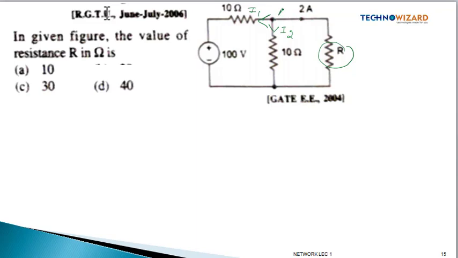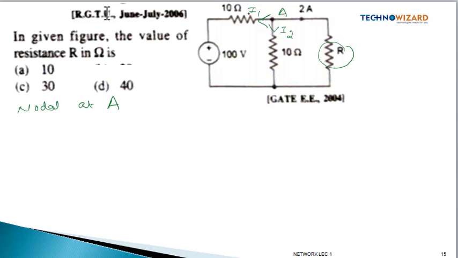So we'll apply nodal at node A. So basically we always consider the current in the outward direction from a node. This is a basic standard method to solve any network, using the nodal method.